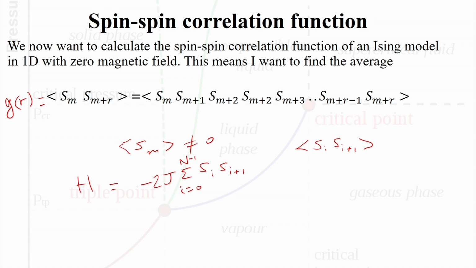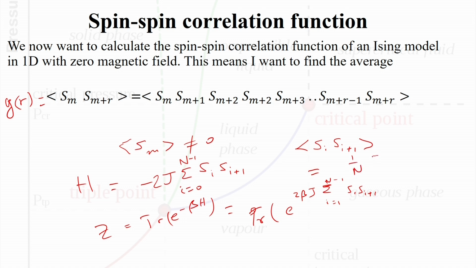The reason why this is easy to calculate is because you can think of this Z as the trace of e raised to minus beta H, which is nothing but the trace of e raised to 2 beta J times the sum over all the spins S_i S_i plus 1.